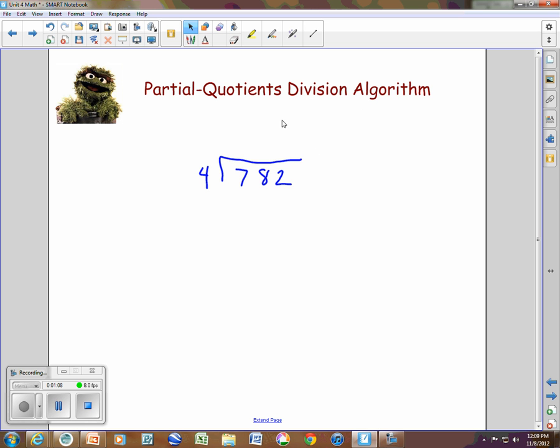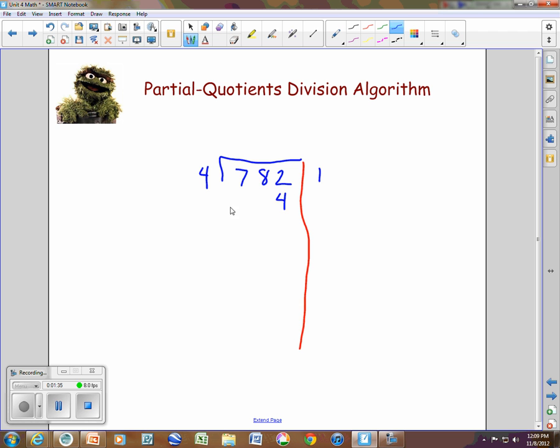I can tell kids are using this algorithm because I see a line going down the side of the division bracket. And what I do is I try to talk to kids about how we want to make as big of a chunk out of that 782 as we can with our divisor. What I mean by that is if I just multiplied 1 times 4, I would get the answer of 4.